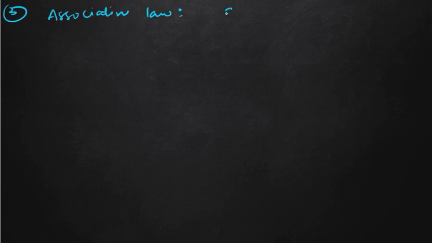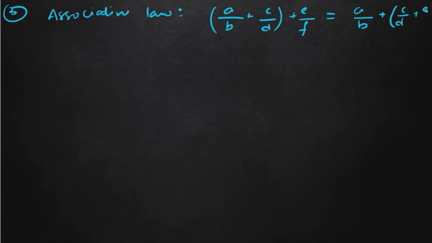So this states that if we add a by b plus c by d, and if we add this result with another rational number e by f, then result will be same as if we first add c by d plus e by f and then add the result with a by b. So if we solve the bracketed portion first, and add with e by f, the result will be same as if we add the bracketed portion, that is c by d plus e by f, and add it to a by b.